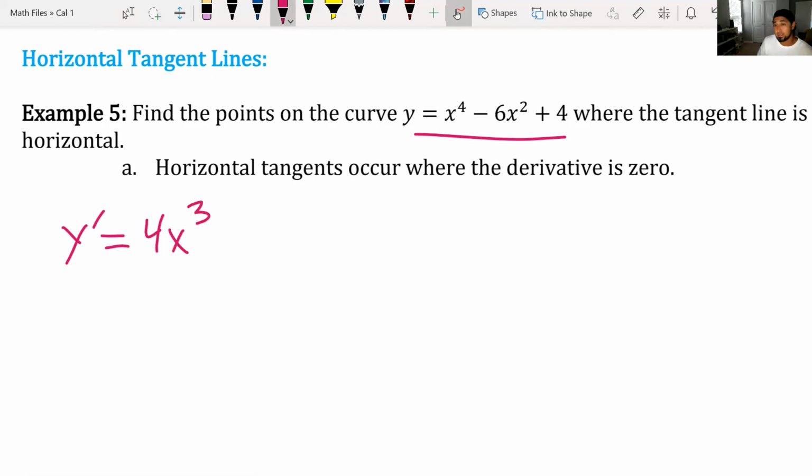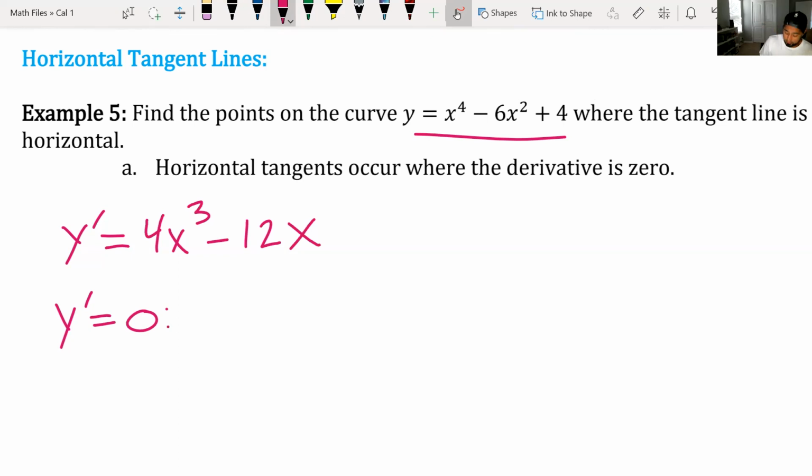The derivative of negative 6x squared is negative 12x, and the derivative of 4 is 0. So now, what we're going to do is take our derivative, y prime, and set it equal to 0, because a horizontal tangent line has a slope of 0, and the derivative represents the slope, so we want to find the x values where the slope is 0.